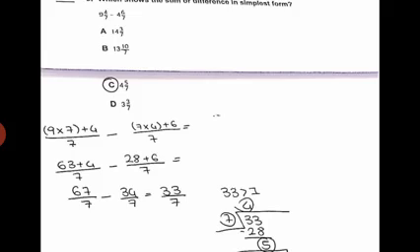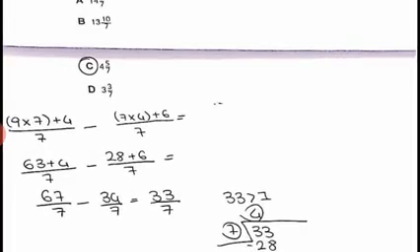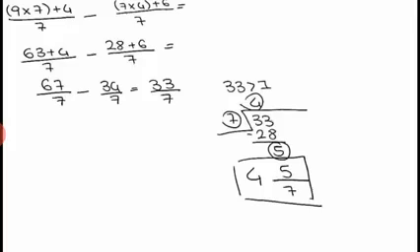The second fraction is 7 times 4, 28. 28 plus 6, 34. So 34 over 7. So our problem becomes 67 minus 34 over 7. So the 7 remains the same. The numerator becomes 67 minus 34, that is equal to 33.